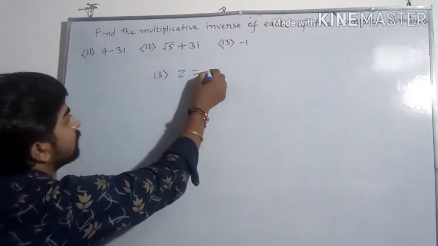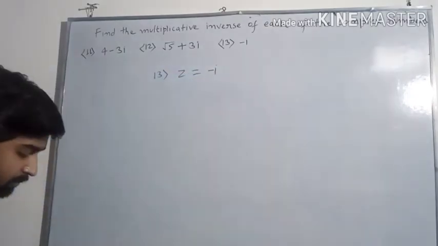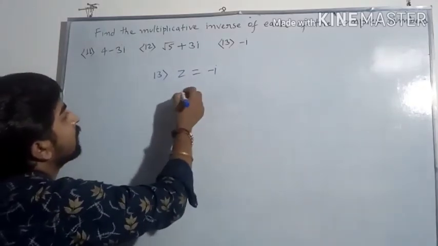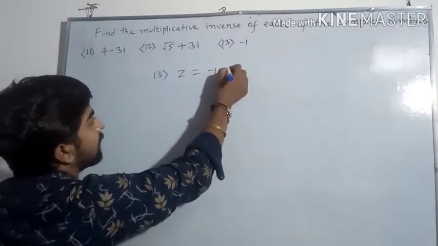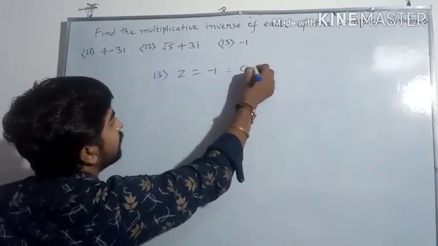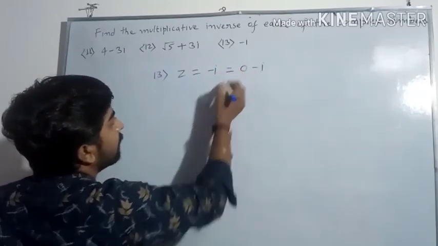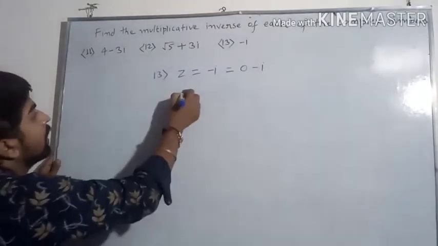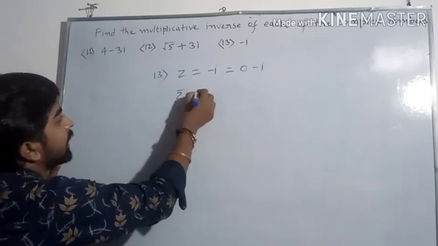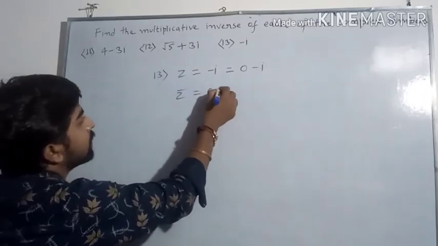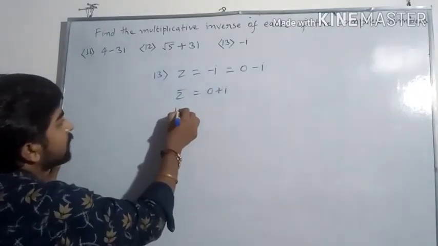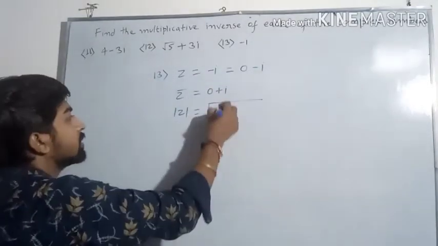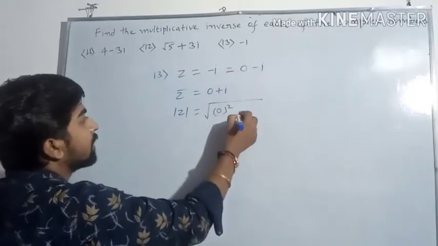Let z equal minus i. We can write minus i as 0 minus i, where the real part is 0 and the imaginary part is minus 1.